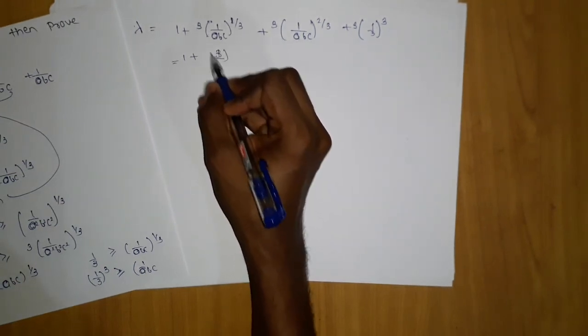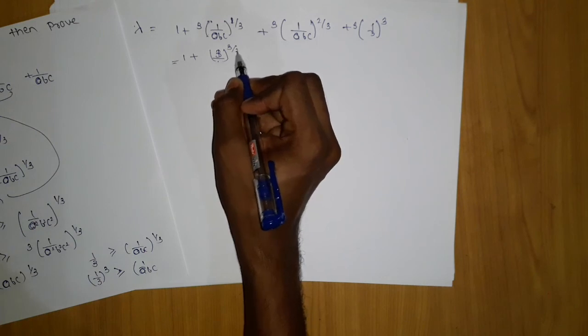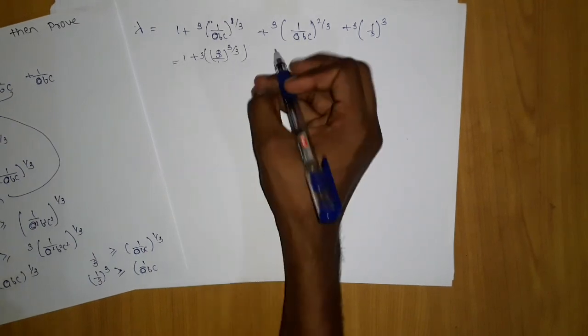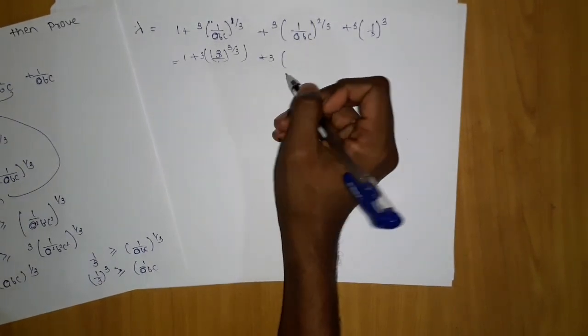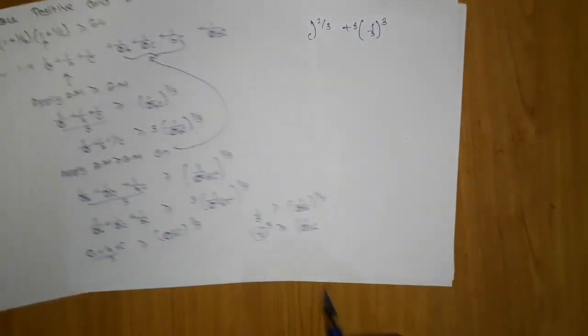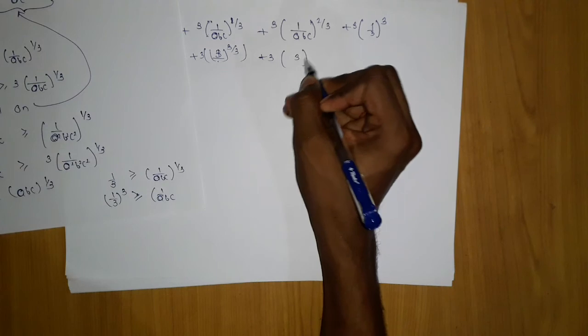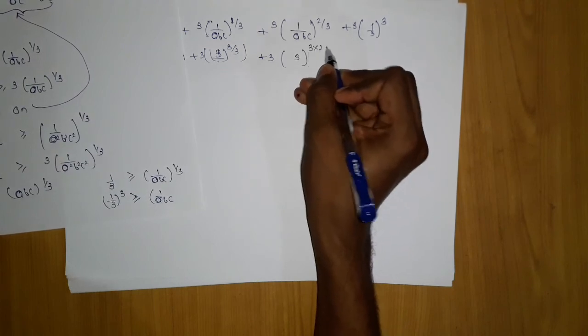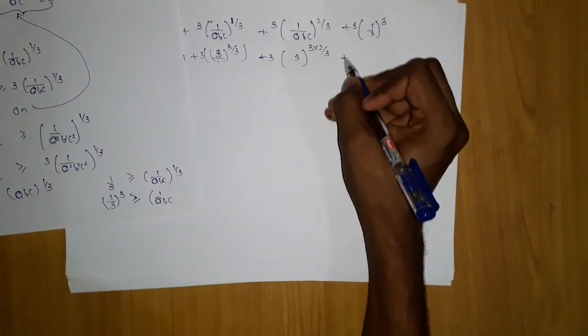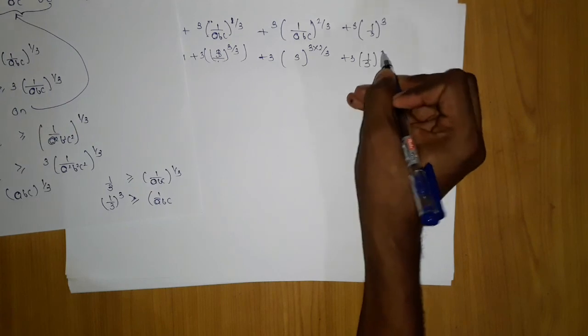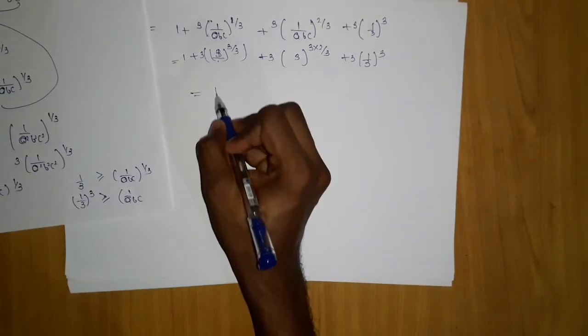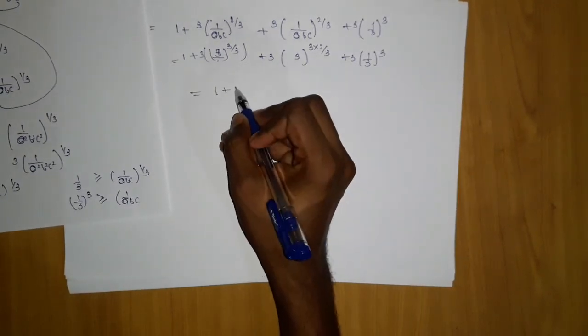First you should know what your ABC value is. It is 1 by 3 power 3. If I substitute, this is nothing but 3 power 2 by 3, and similarly this is 1 by 3 power 3, which gives you 1 plus 3 into 9 plus 1 by 27.